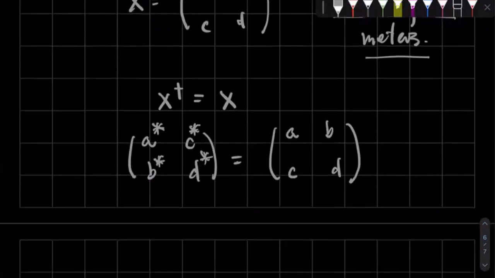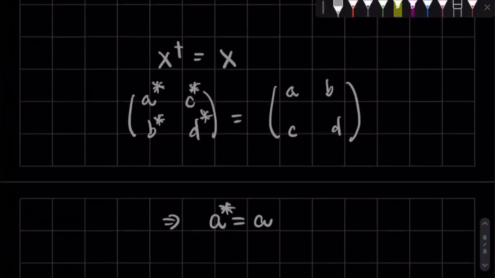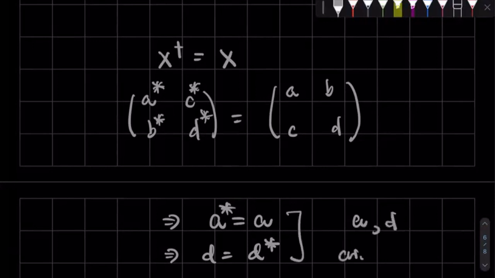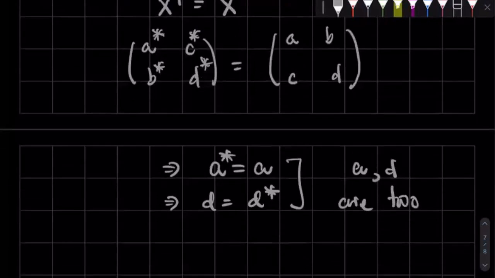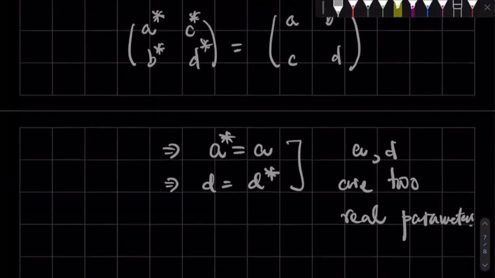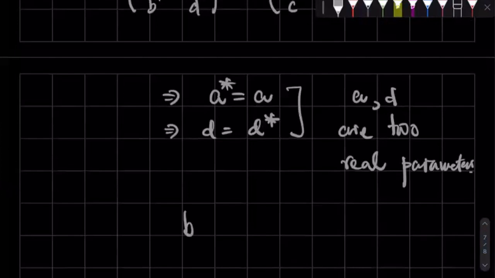So this means that A needs to be real, and it also says that D is real. So A and D are 2 real parameters. But we also have another equation, which is B equals C star.